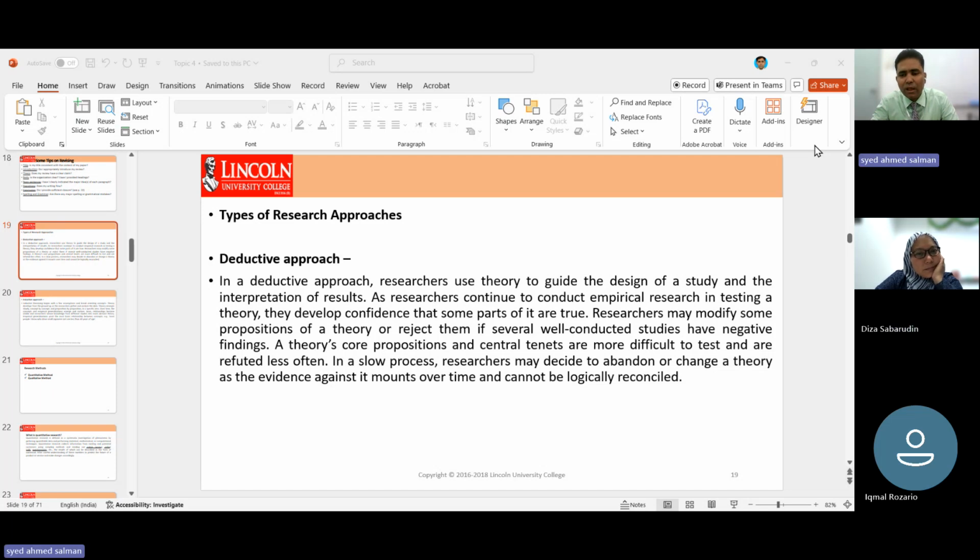Yes, sir. Researchers may modify some propositions of a theory or reject them. What does it mean? Researchers may modify some propositions of a theory or reject them if several well conducted studies have negative findings, meaning that you already have social cognitive theory, an already tested theory.